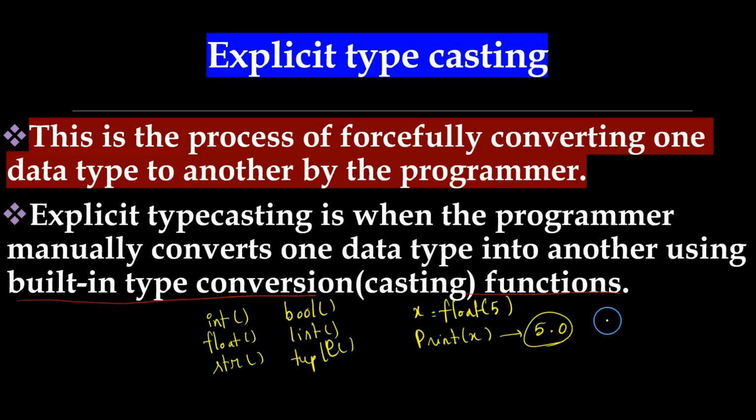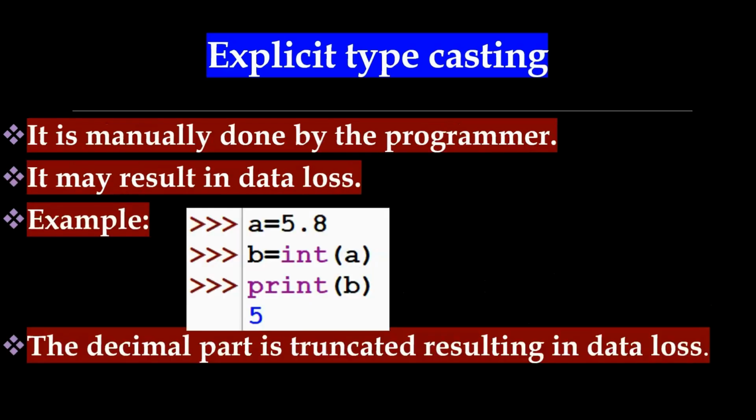For example, if we have x is equal to int of 5.8, when we try to print this x, we will get only the whole number. So there might be some loss in the data. The 0.8, the decimal part, is going to be removed. Let us read some more concepts in explicit typecasting.